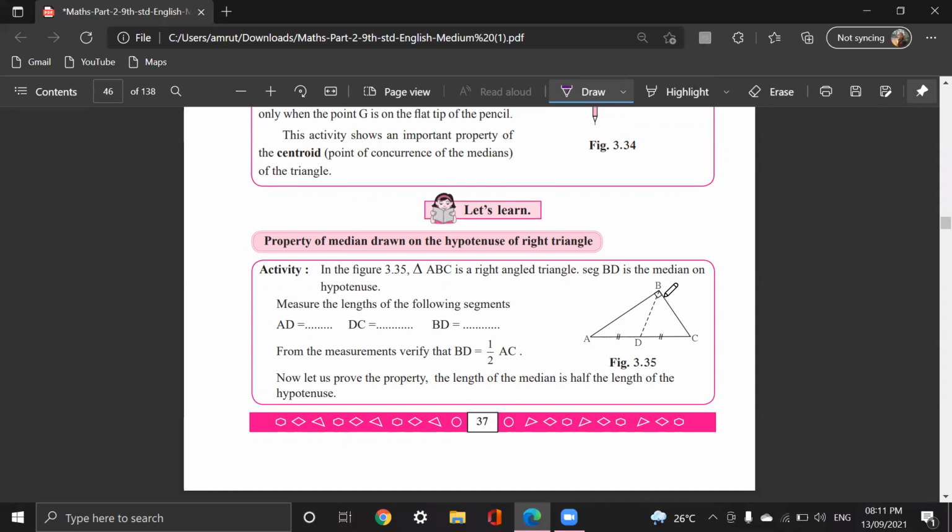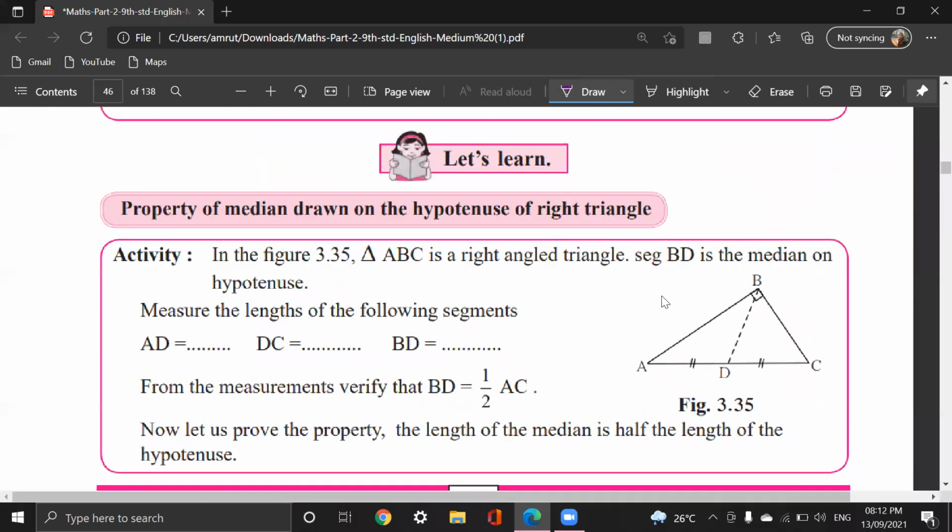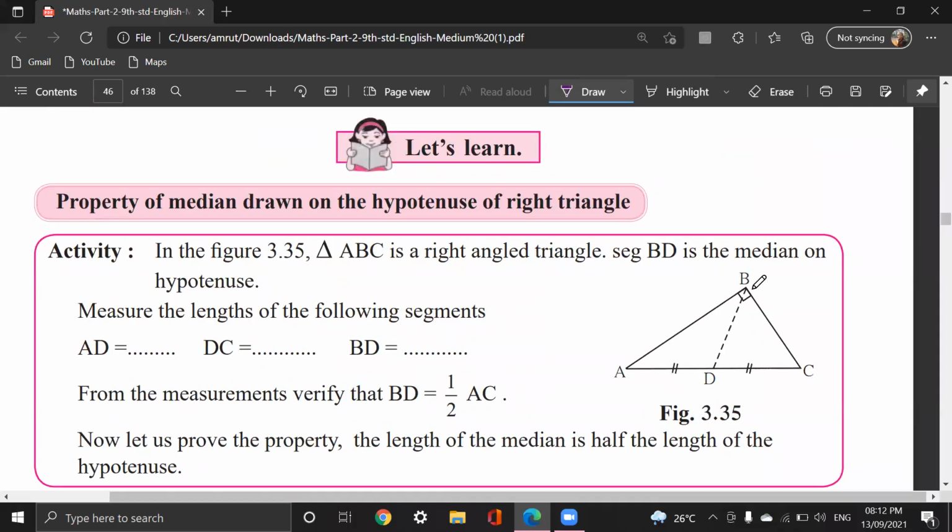So if you take a right angle triangle, where is the right angle? At vertex B, you can see the right angle symbol over here.